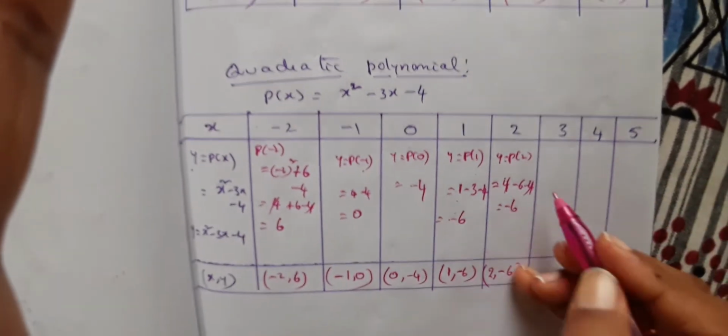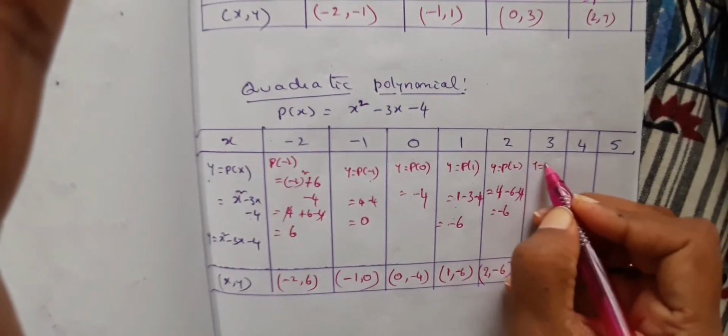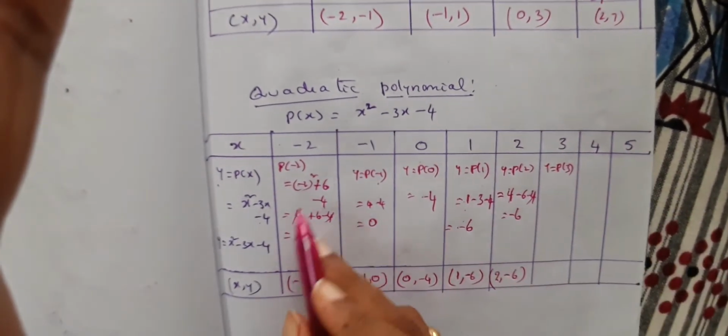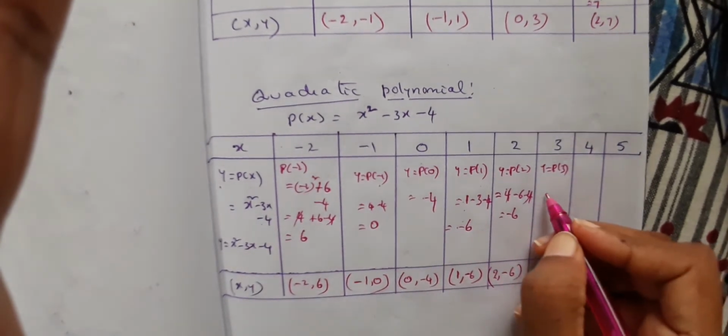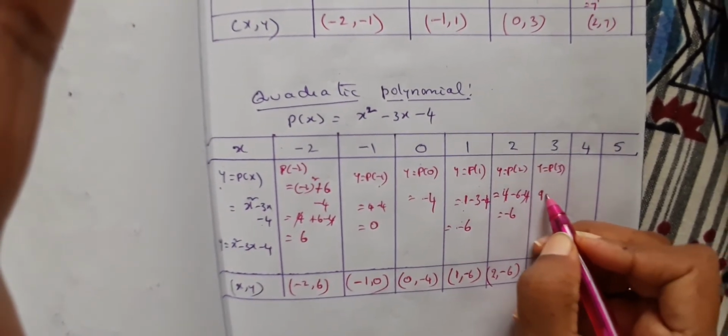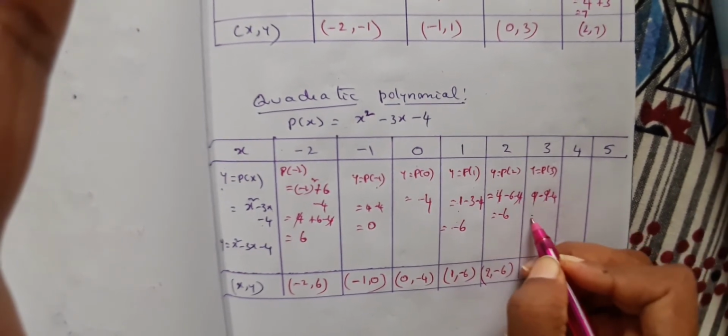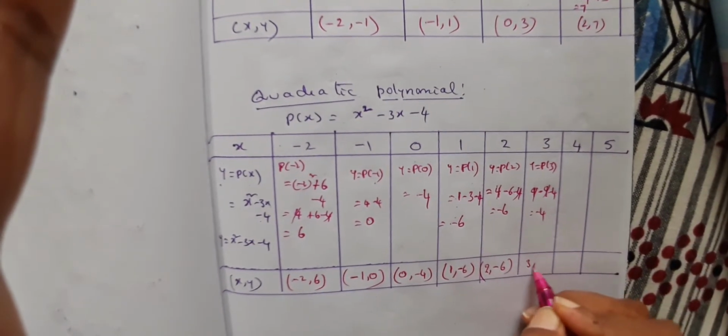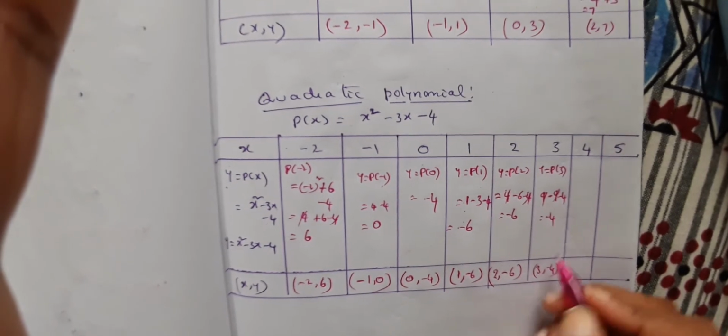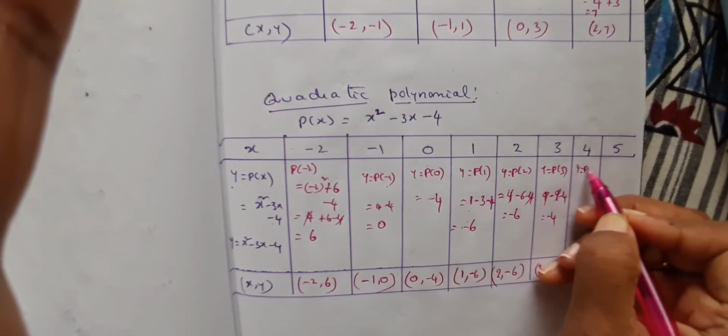Right. So then next, y is equal to p of 3. So 3 square is 9. Minus 3 3s are 9. Minus 4. So this is minus 4. It is 3 comma minus 4. And then next y is equal to p of 4.